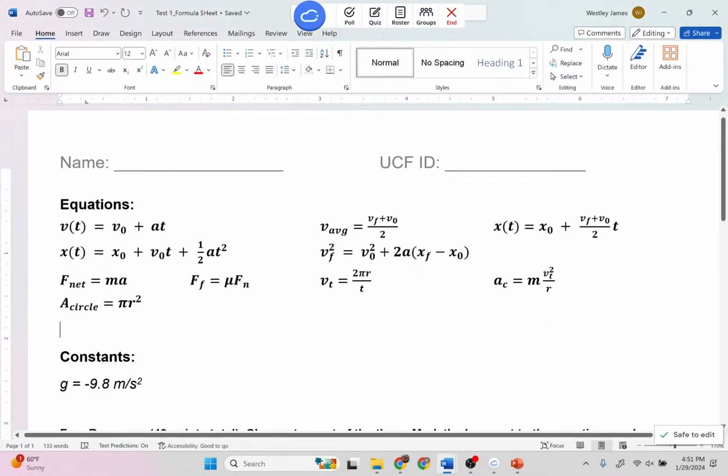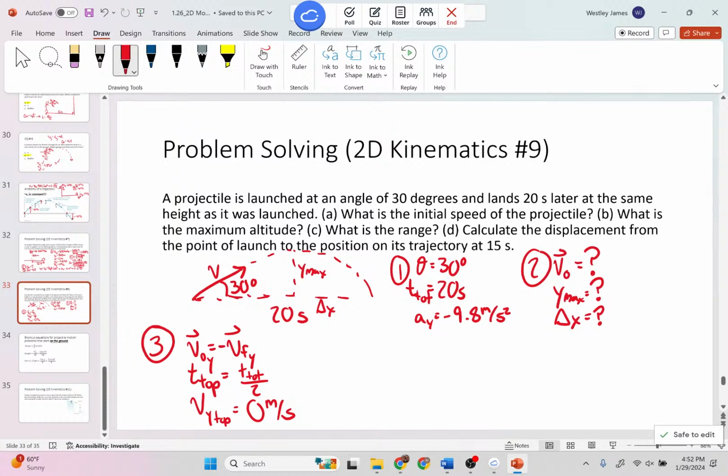Let's check out this first equation. The final velocity in the y equals initial velocity in the y plus a times t. You may wonder how that's going to be useful to you. We know a. We know t.